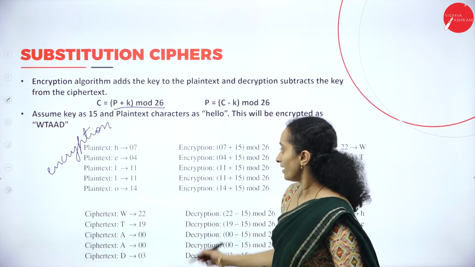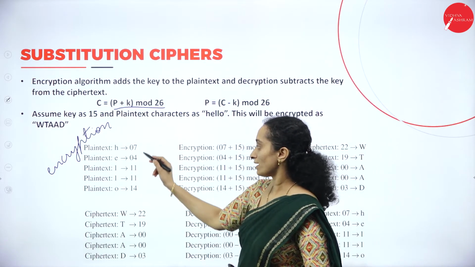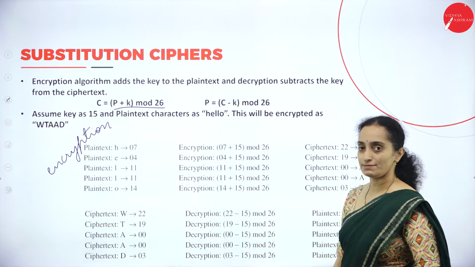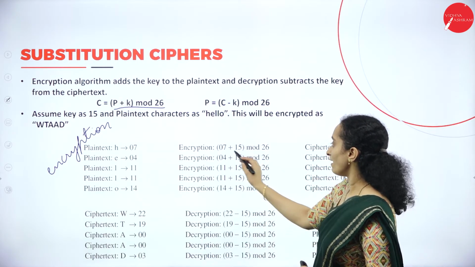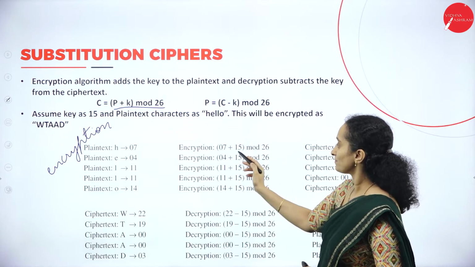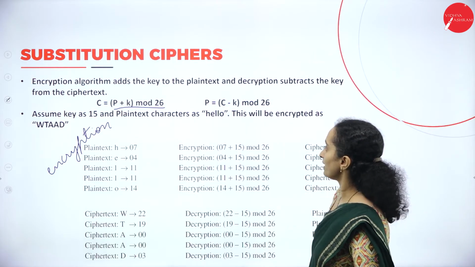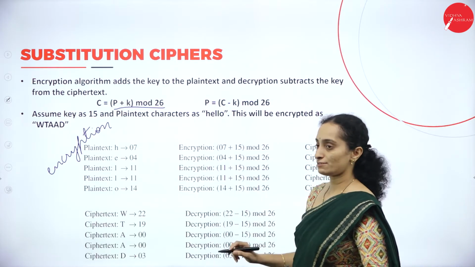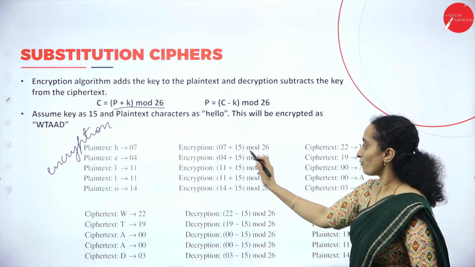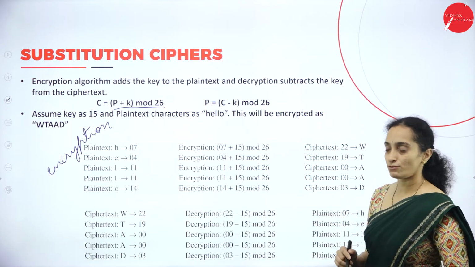Encryption method where we are taking the values of HELLO: 7, 4, 11, 11 and 14, isn't it? Now we have to perform P plus K. K here is 15. So key is 15 here. 7 plus 15 mod 26 will give you 22. Then 4 plus 15 is 19, mod 26 gives 19.